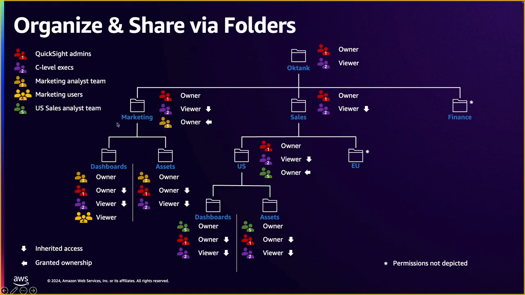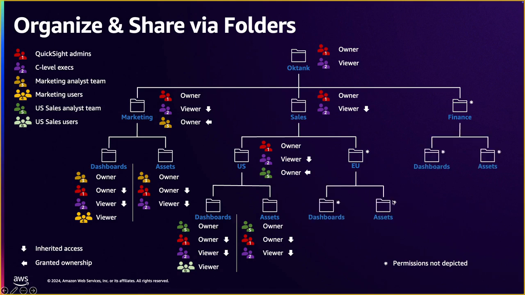The sales analyst team could create subfolders and they can give permission to their end users to see their dashboards. Likewise, the other departments and regions could be filled out. We can have up to 10 levels of nested folders, so it's pretty flexible and would let you match your organization structure closely with these folders.